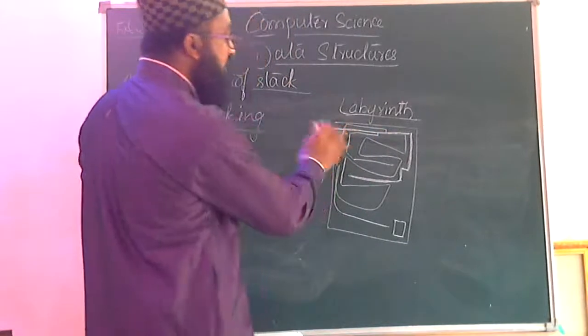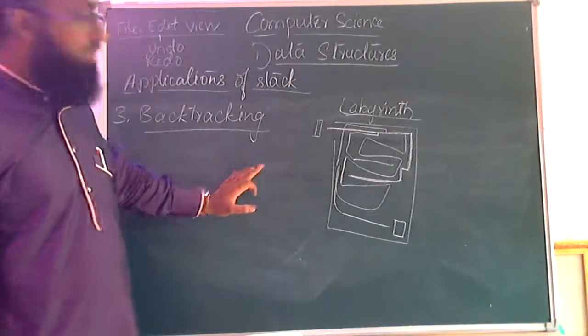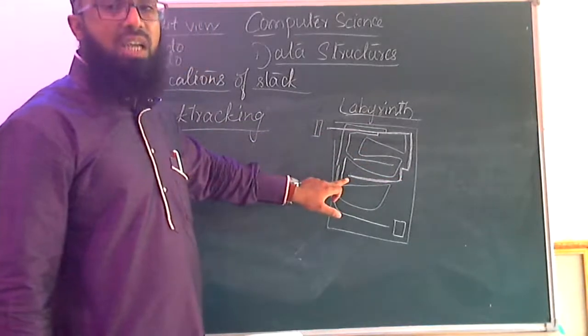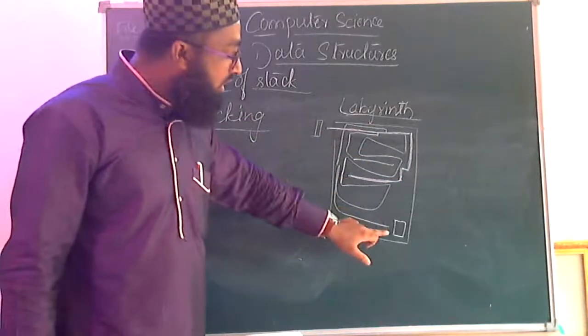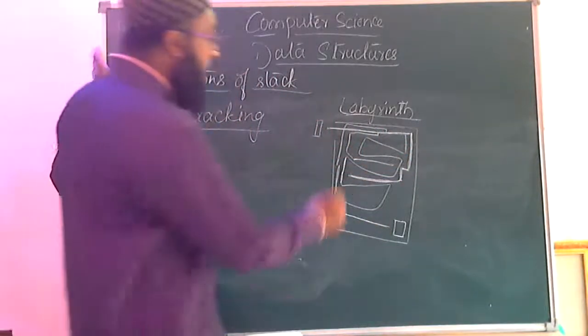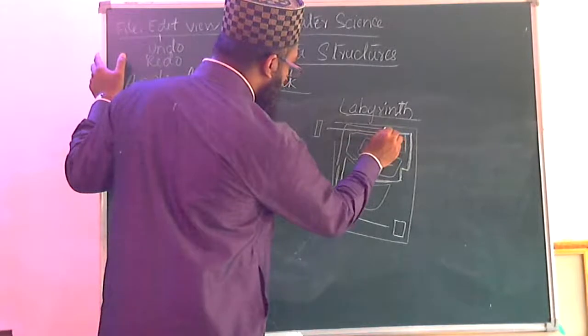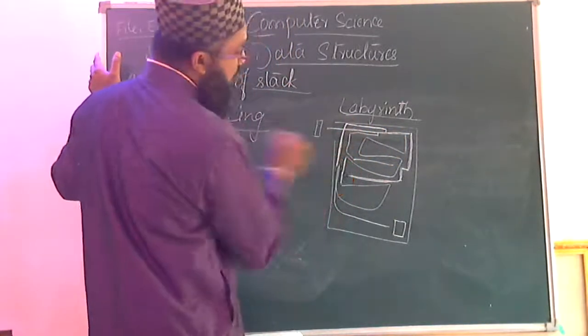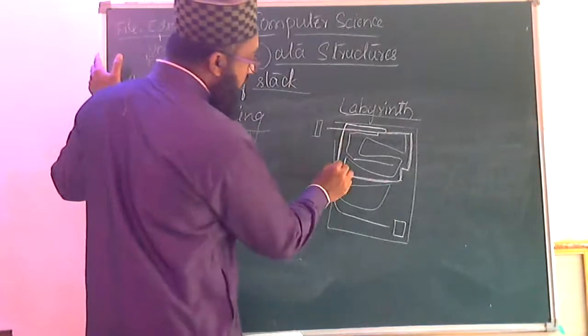This is called backtracking. Once a person has come to a route's end but is not reaching his position, he goes back to the same place and tries again by some other route. He will come by this route, and the route stops here, no continuation from here.